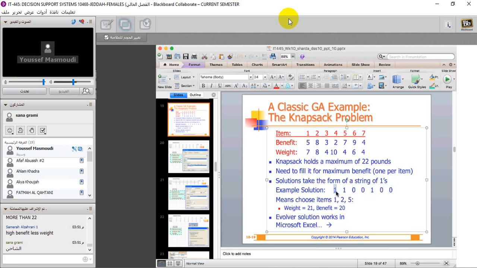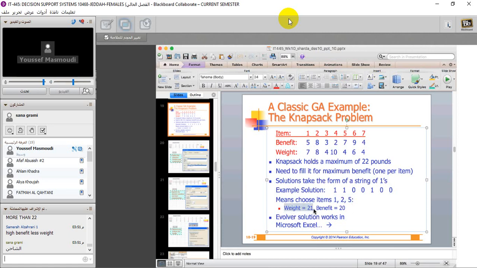The 1 here means we will take the first item. We will take the second item. We will not take the third. We will not take the fourth. We will take the fifth. We will not take the sixth. And we will not take the seventh. So that means we choose items 1, 2, and 5.